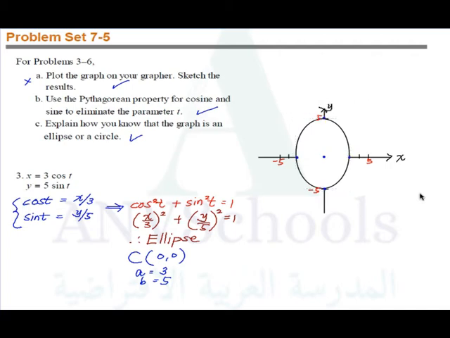So now we have our ellipse. Our ellipse occurs having the center at the origin and semi-major axis on the y-axis, semi-minor axis on the x-axis. Okay, because we have a greater value for b, and this is it, our ellipse.